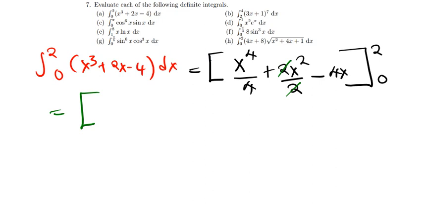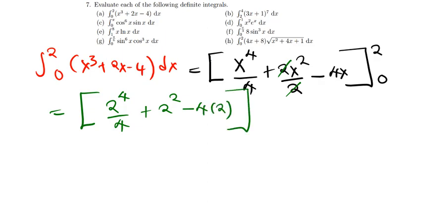We have 2, where there's x we'll be putting that first of all, so that will be 2 to the power 4 over 4 plus 2 to the power 2 minus 4 multiplied by 2. Okay, this is to be subtracted by the substitution of the lower one, which is a 0, and of course that will be eliminated because 0 is present.